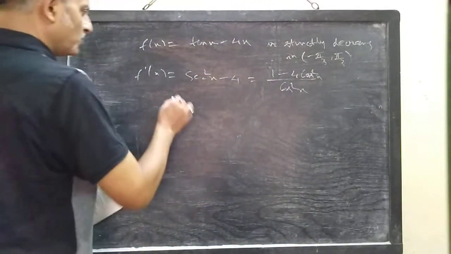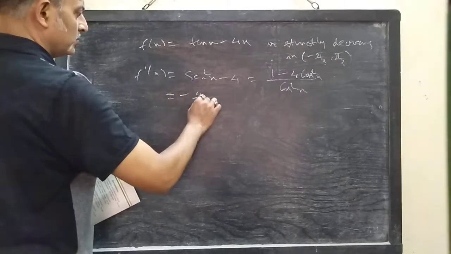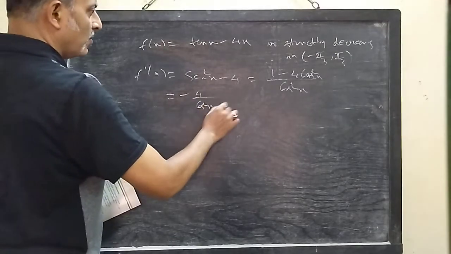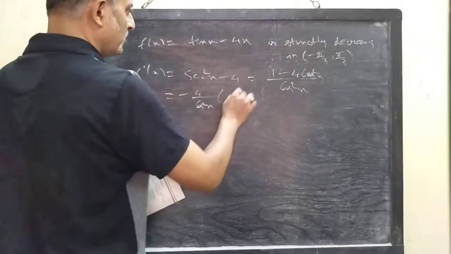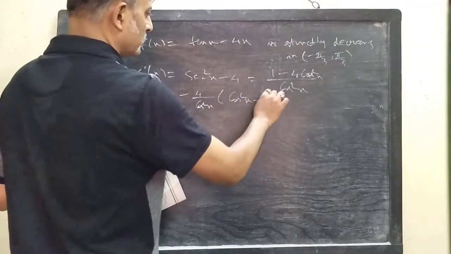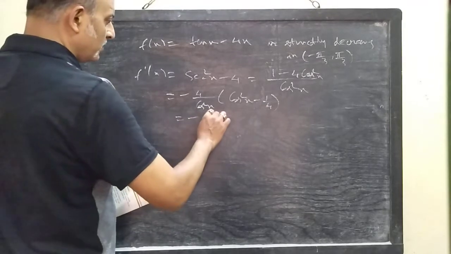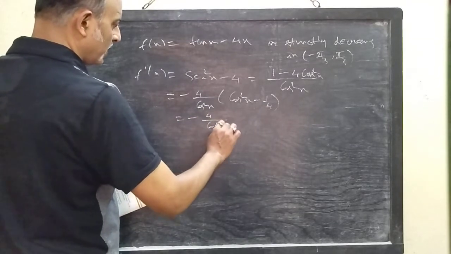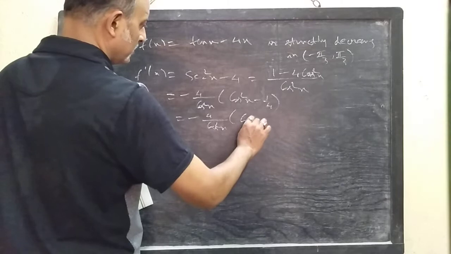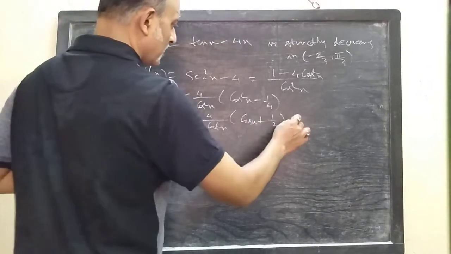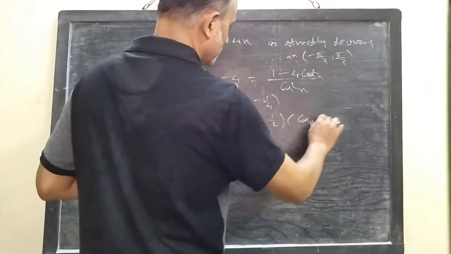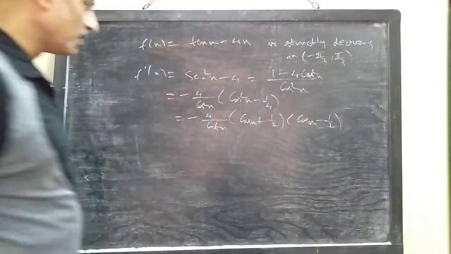Take minus 4 common, minus 4 by cos square x, you get cos square x minus 1 by 4. So this will ultimately give you minus 4 by cos square x into cos x plus half into cos x minus half.